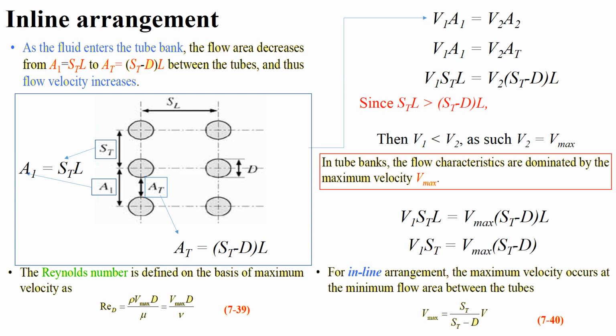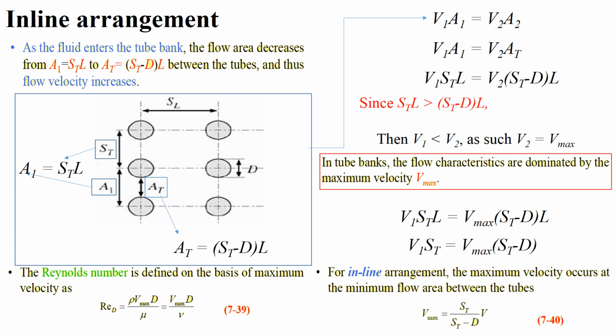A1 is larger than AT, so the value of V2 is larger than V1. Here I put V2 as Vmax.